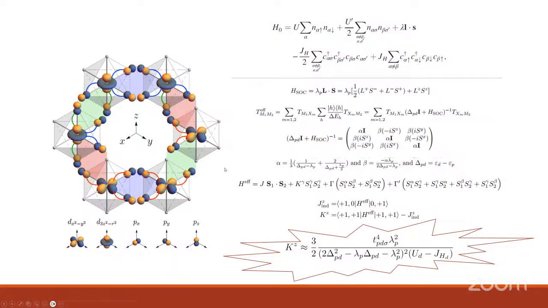So this is an example where the spin orbital coupling is introduced on the ligand side, so that the final spin model will give you a finite Kitaev spin coefficient, with the coefficient expanded proportionally to λp², and λp is the strength of your spin orbital coupling.